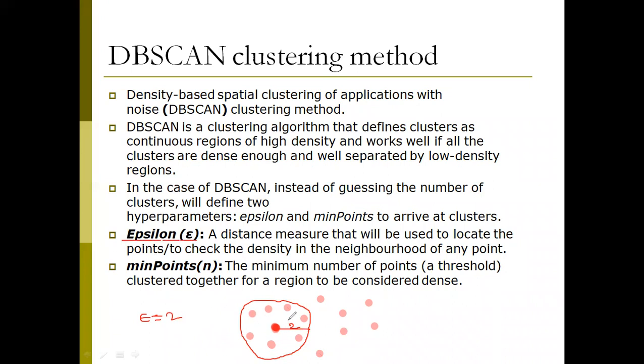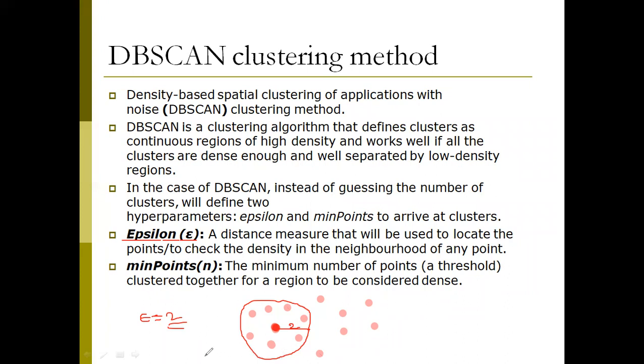The radius is from the center point to the number I have taken. By taking this, I have drawn a circle. Now this is one cluster, one group here.